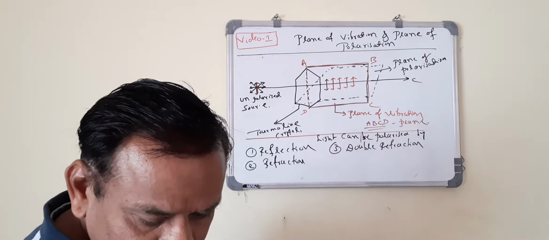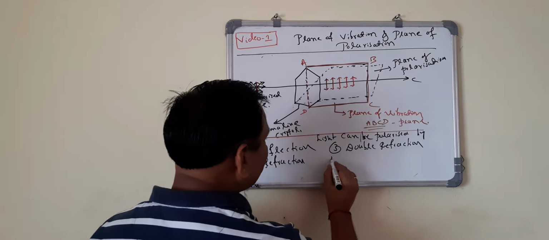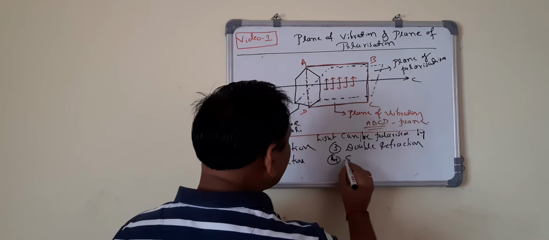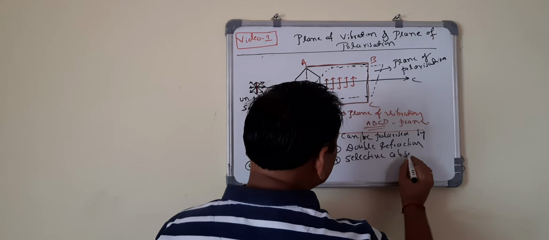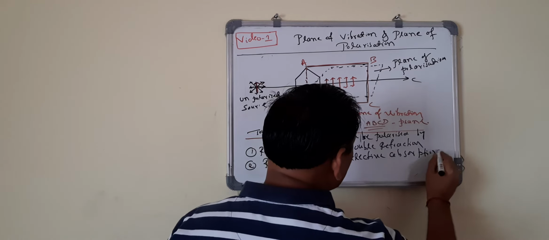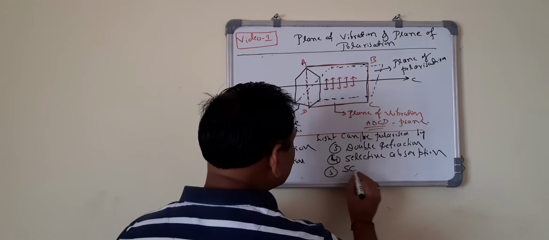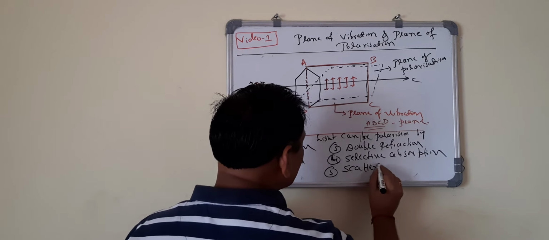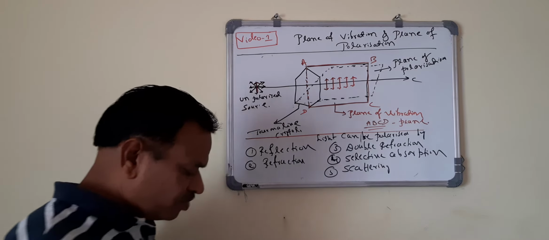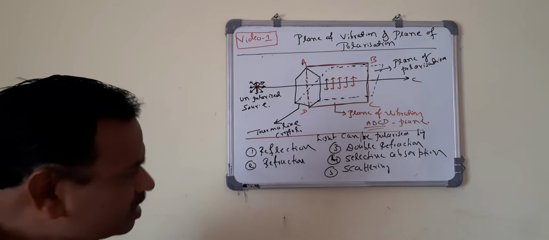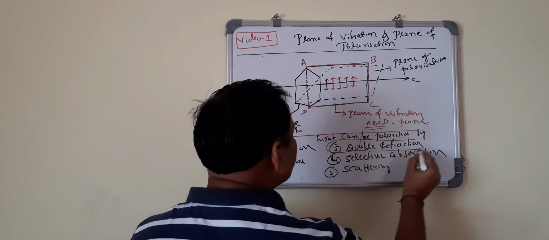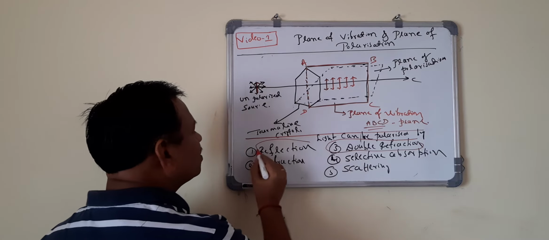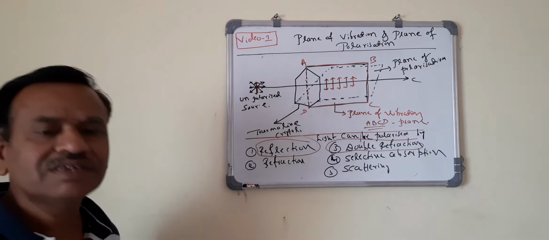Next, fourth, selective absorption. Next, fifth is scattering. Here, don't bother about what scattering is. Just bother about double refraction and another one, reflection. That is for your syllabus.